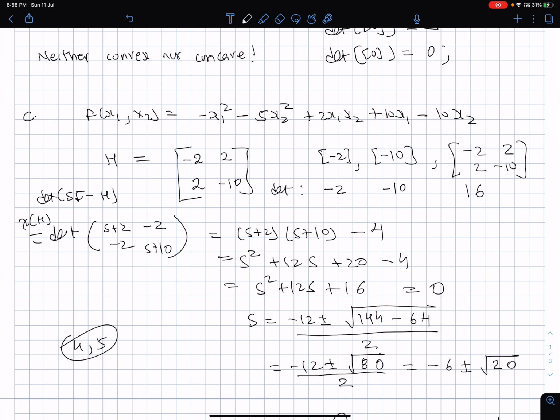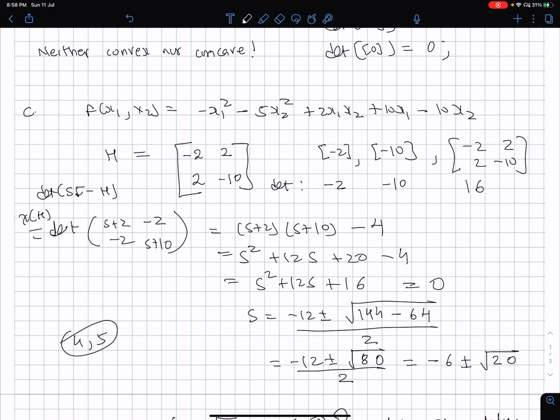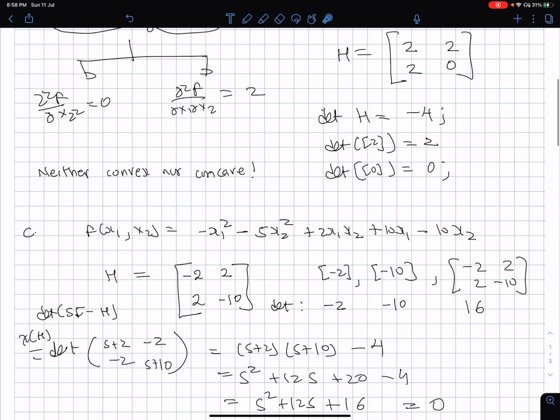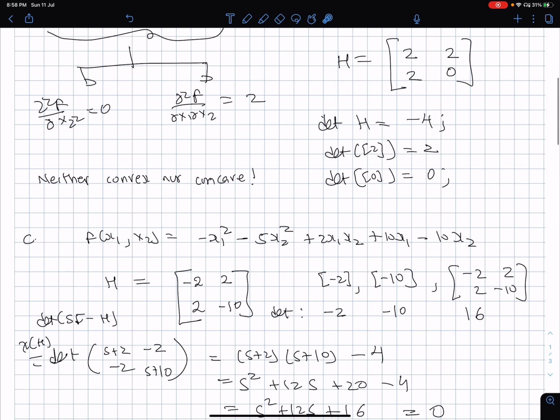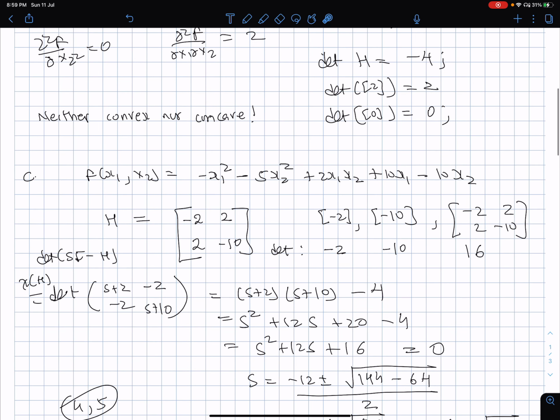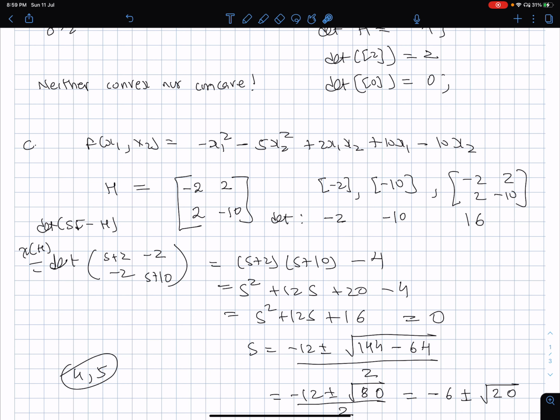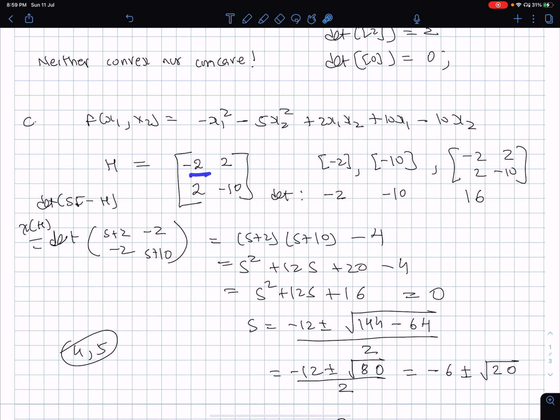Any mistake here when I did the determinant way. So I wrote the Hessian as minus 2, minus 10, plus 10x1 plus 2x1 x2, so plus 2, plus 2, and so look at minus 2 and then determinant of this particular thing.